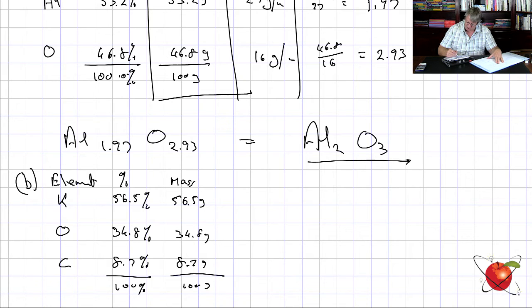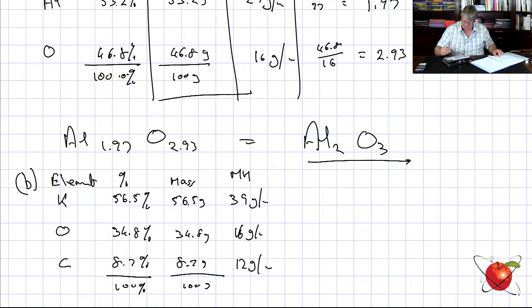Then we say, what's the molar mass of these guys? The molar mass over here is going to be 39, 16, and 12. Therefore we calculate number of moles: mass over molecular mass.